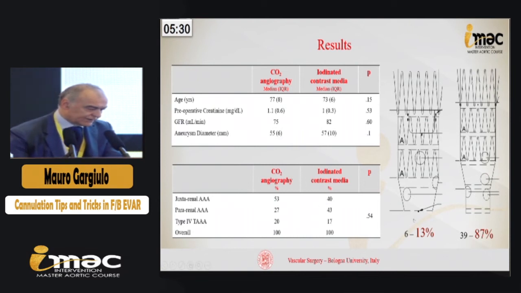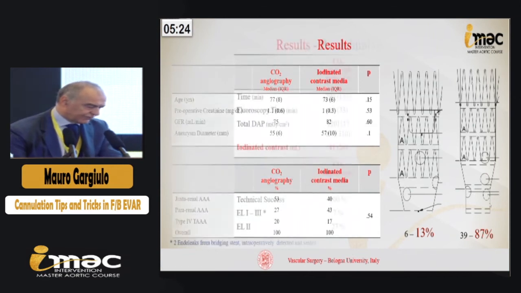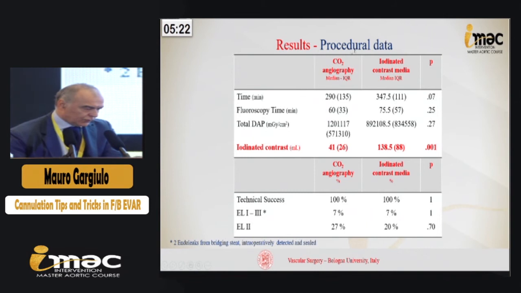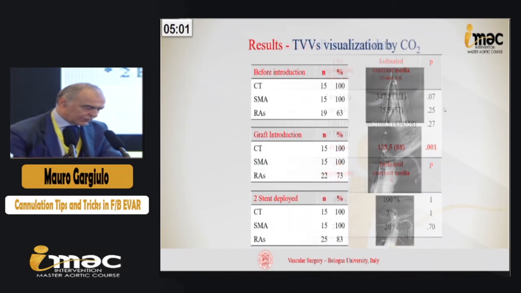We used 3 fenestrations in 13% of cases and 4 fenestrations in 87%. Looking at the results, there was a difference between the 2 groups in the amount of iodinate contrast, without any difference regarding time of procedure, fluoroscopy time, and total DAP, and no differences regarding technical success, endoleak type 1 and 3, or endoleak type 2.